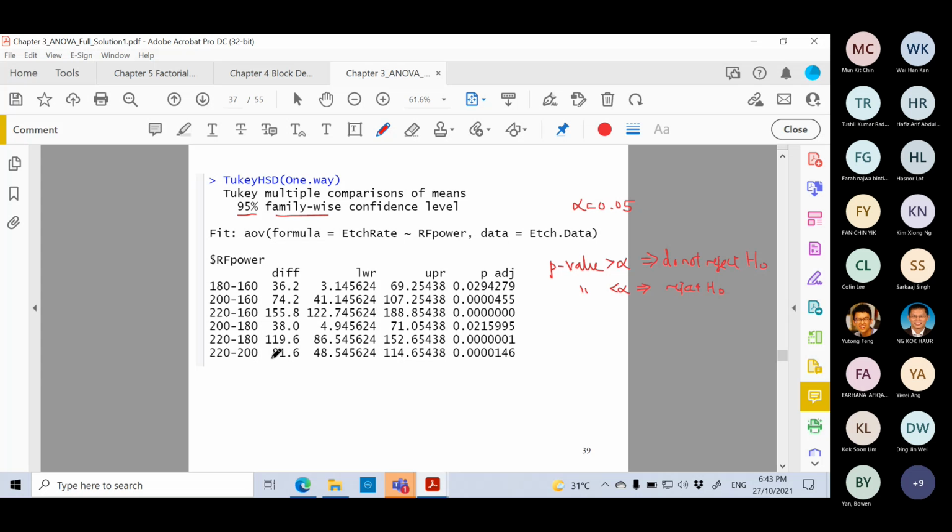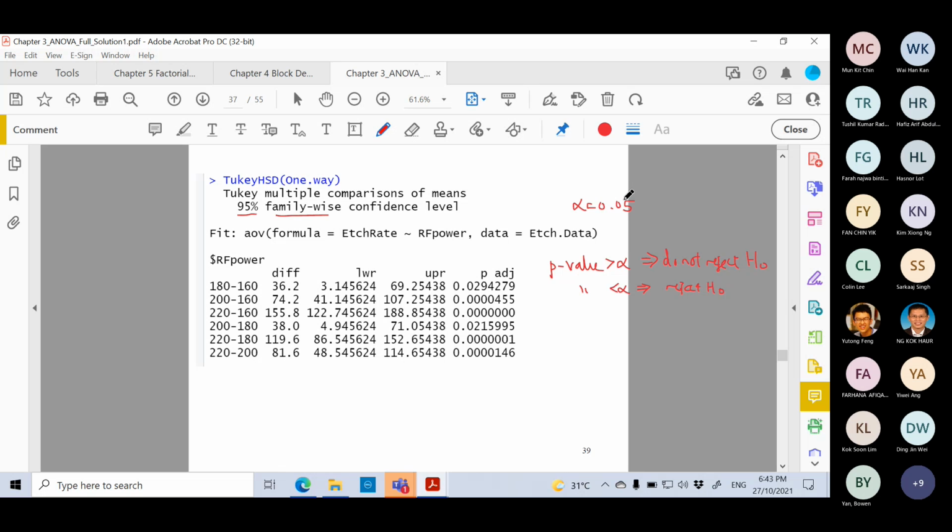None of them are the same. Even though 180 and 160 are very close, the difference is very small, if you carry out the test it is still significant at 5%. You reject the null hypothesis.